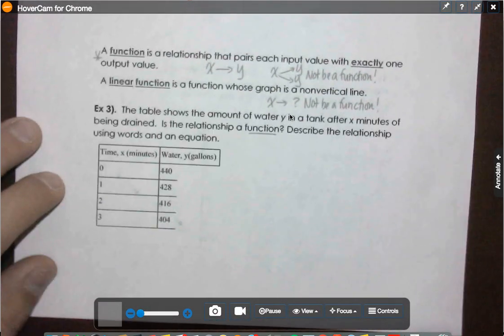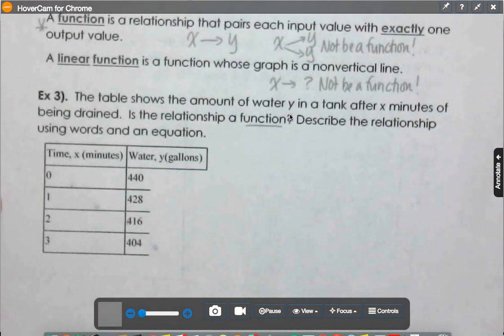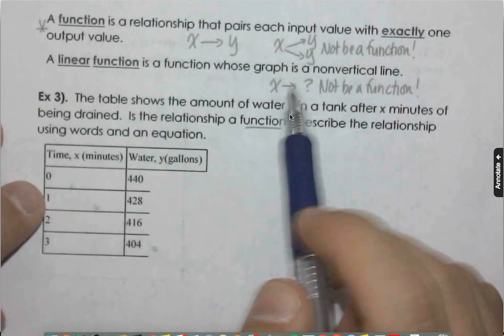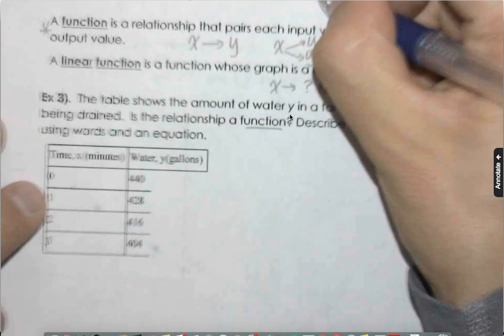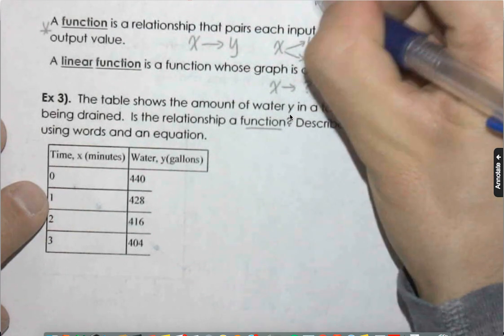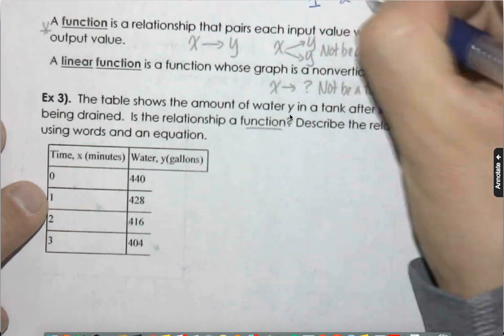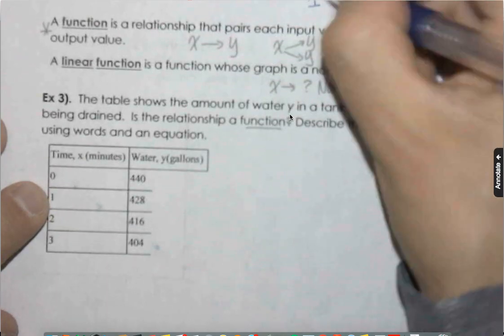We can also come across what they call a function, where this is a relationship that pairs each input with exactly one output value. So on the previous example, we would only have one situation where the outcome was 20 as far as the number of squares.